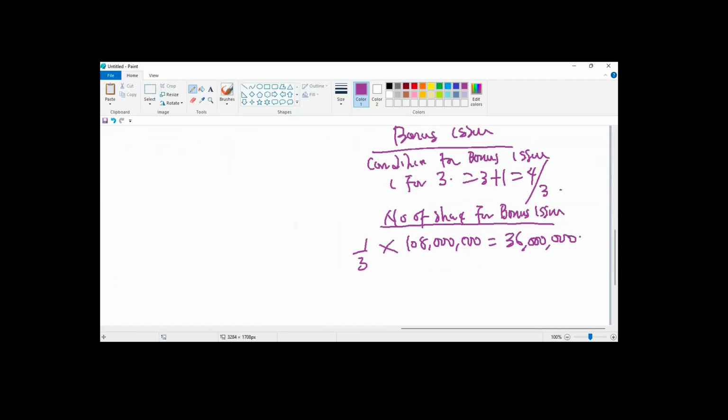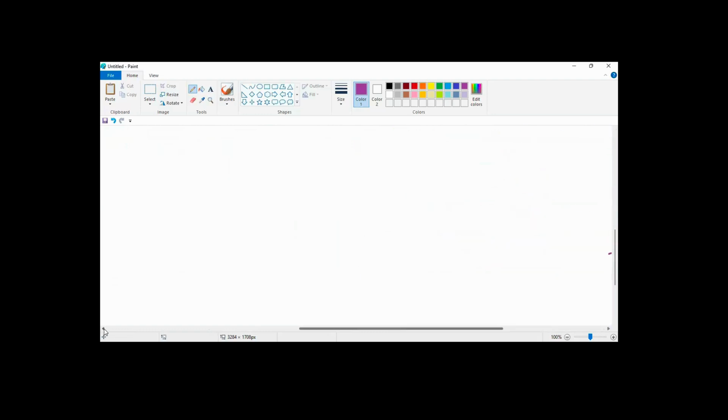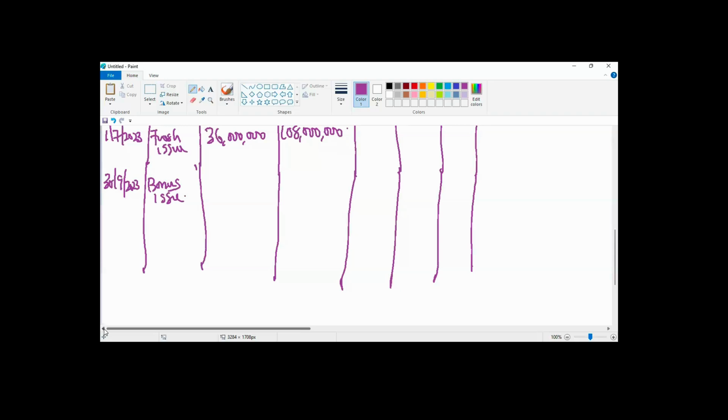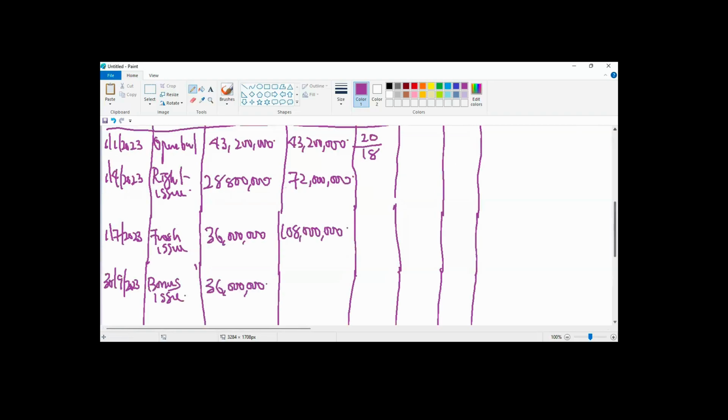Come here. Bonus issue, 36 million. So 36 million plus 108 million. What does it give us? 144 million. Good. The bonus issue.